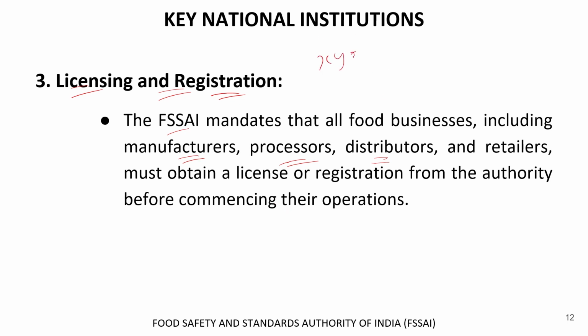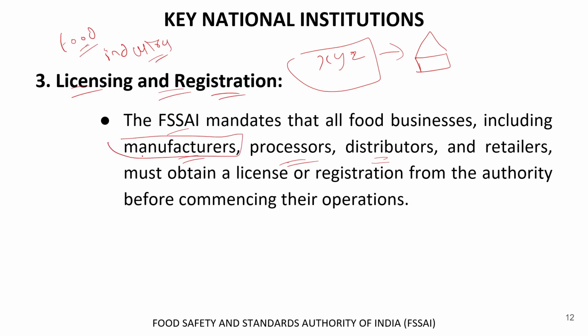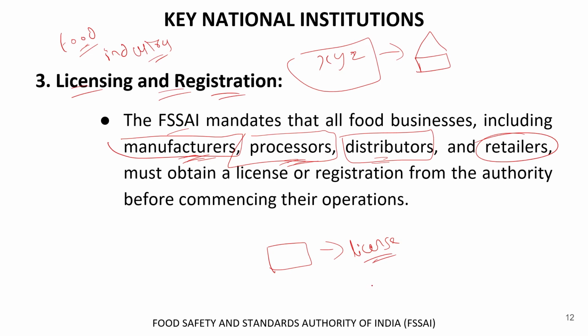Suppose this is XYZ, and they want to operate a business in the food industry as a manufacturer or producer, a processor, a distributor, or a retailer. If they want to start a business in any of these forms, they have to obtain a paper from the FSSAI, which is known as the license. Only then can they start their business.